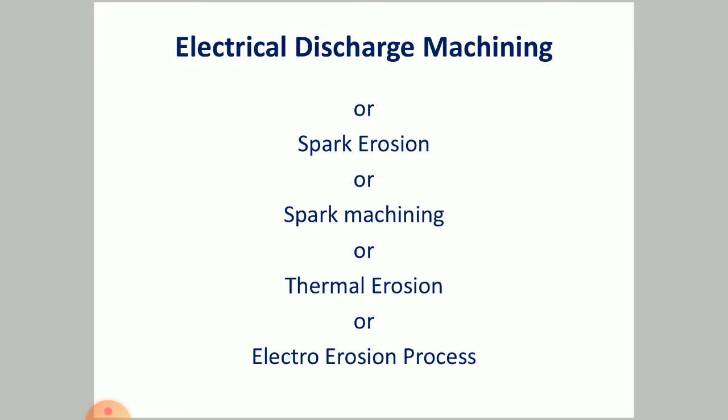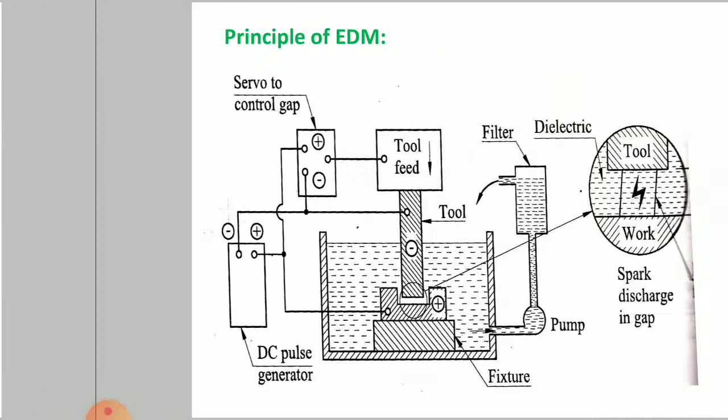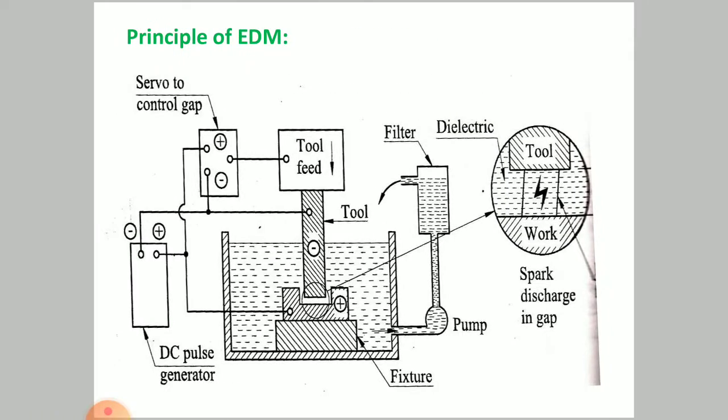Why those different titles are given to this particular process is because of the collection of sparks, and due to the spark, erosion is taking place on the surface of the workpiece, and of course with the help of electrical discharge only, right? So let us see quickly how the electrical discharge machining process works.